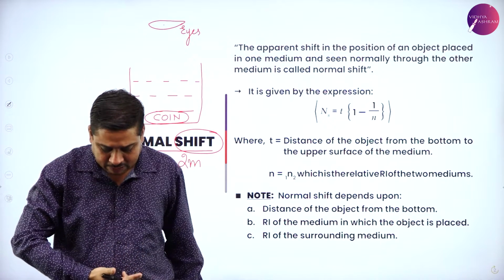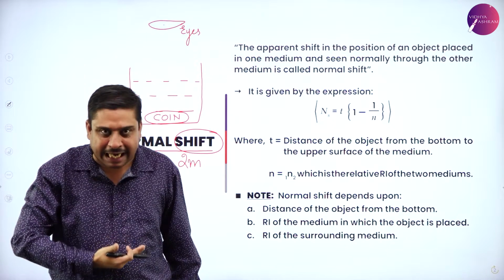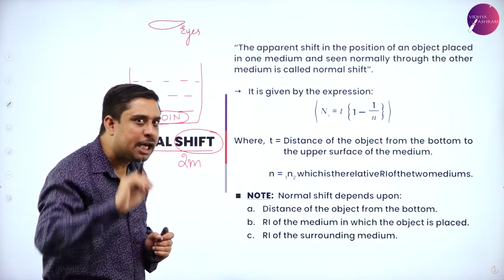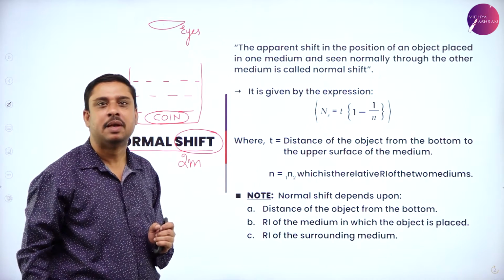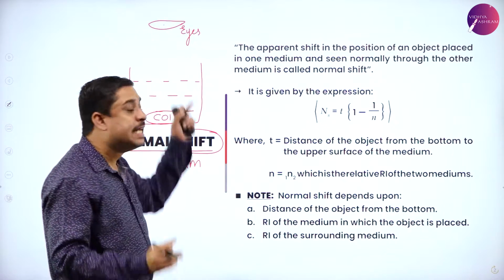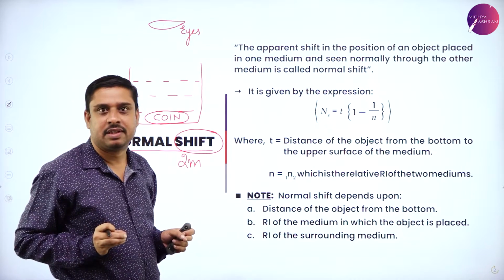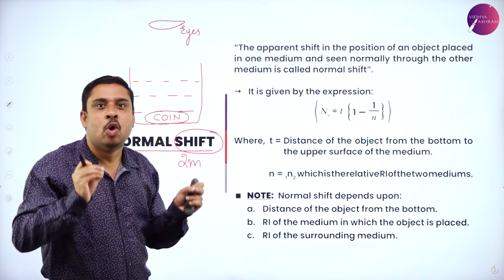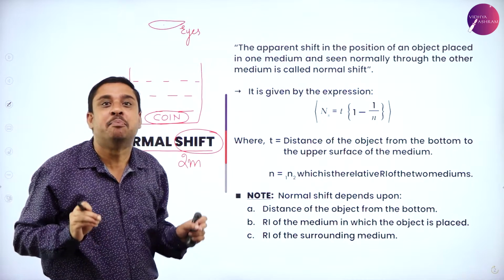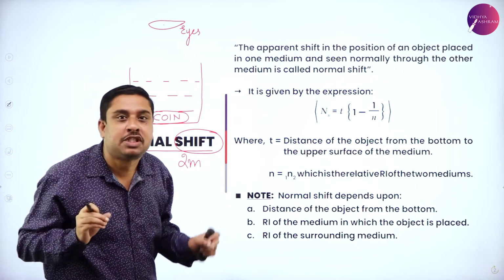I observe the coin at the bottom. Things here to analyze is, my dear students, the observer, the person who is seeing the coin, I call him as the observer.